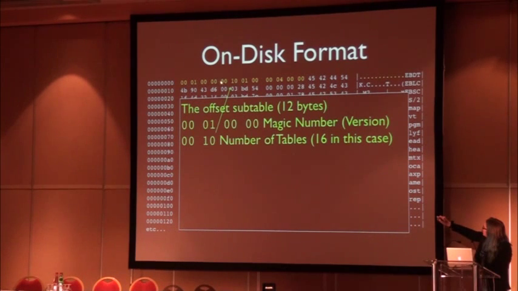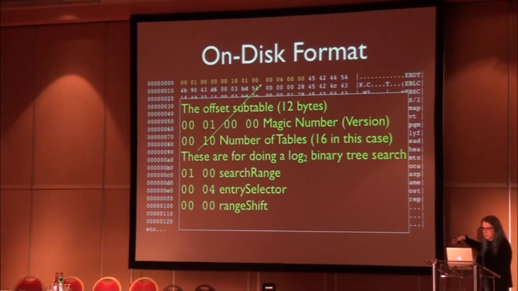And then the next 16 bits is the number of tables. There's 16 in this particular case. And then there's a bunch of stuff you don't really care about. TrueType fonts were designed so that you could use them on a computer with only 128K of memory and running off of a floppy disk.